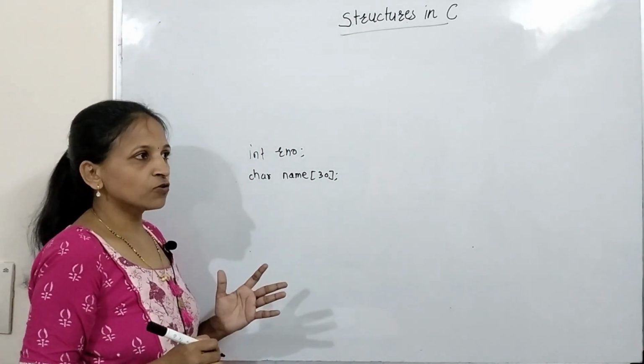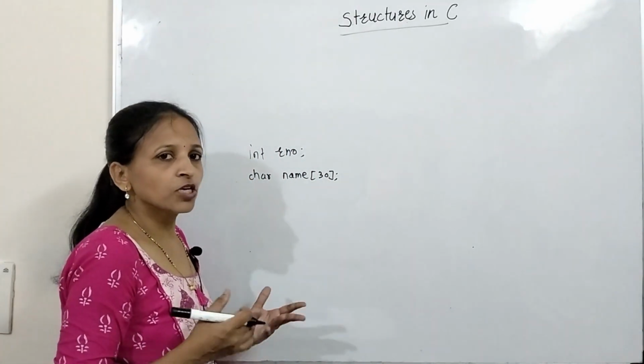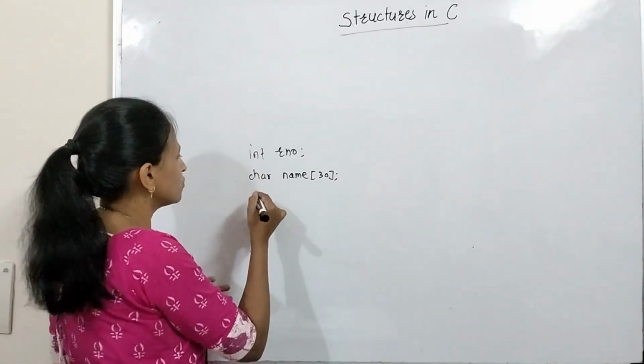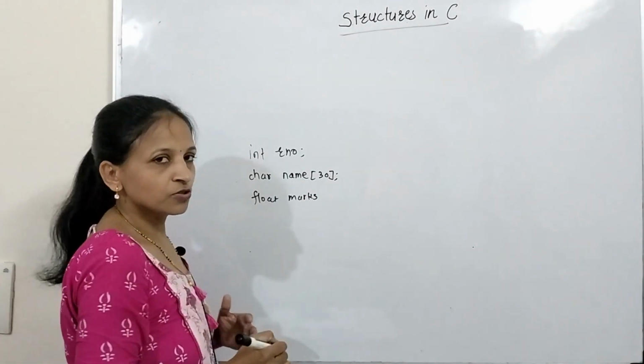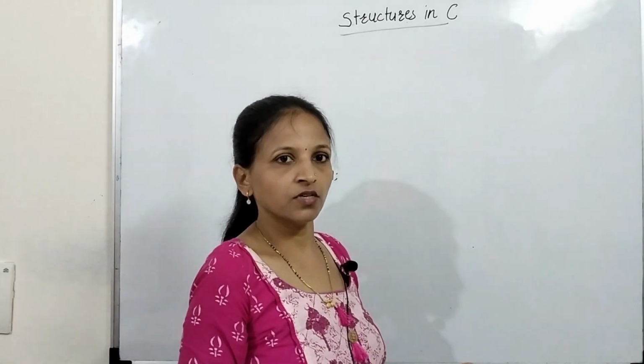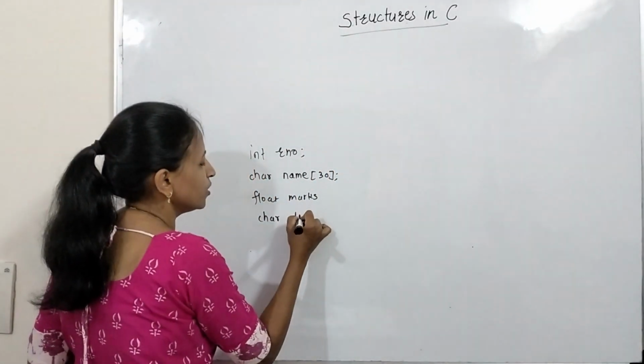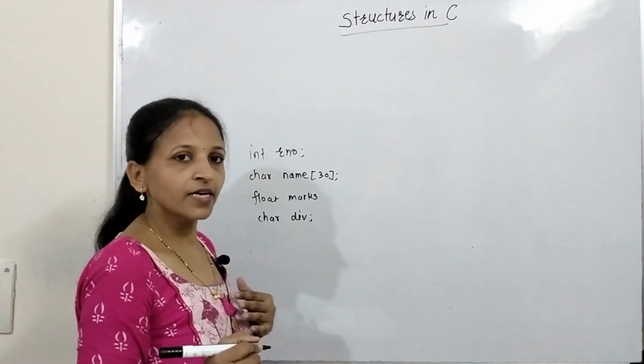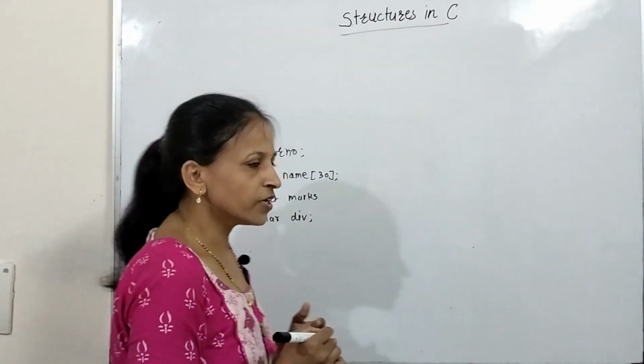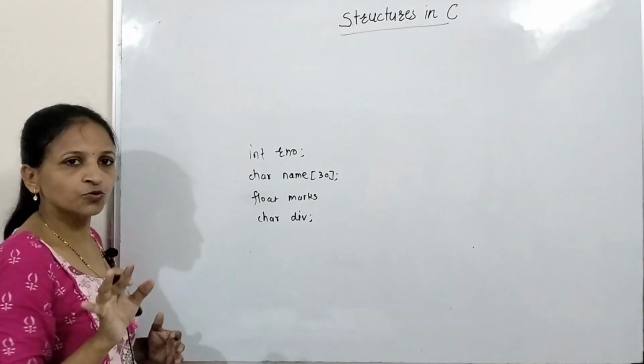Next I want to store marks in a particular test for that student, like float marks. Let's say I want to store the division of that student, let's say A, B, C, D, E. Then one character variable we have to declare for storing that division. This is data about a student.